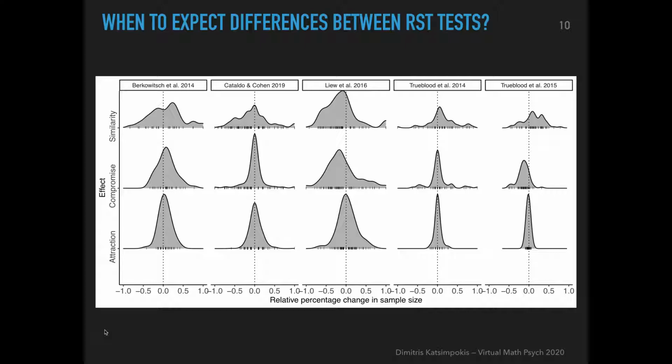So it can be distributed around 0, as it's the case, for example, in the attraction effect mostly, or even shifted away from 0, which is sometimes the case with the compromise and similarity effects. Therefore, by looking at this data, we can expect that the 2 RST models might probably disagree mostly in the compromise and similarity cases, and not so much in the attraction case.